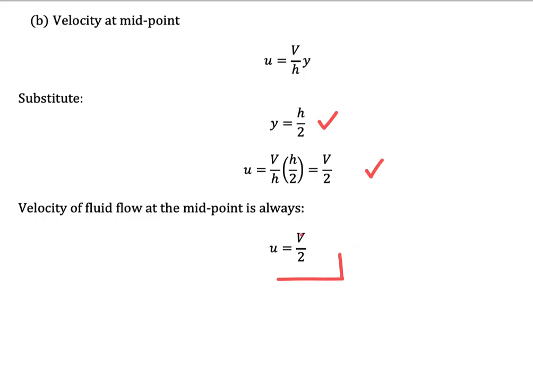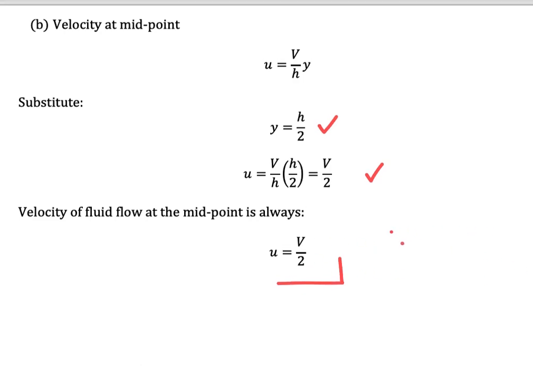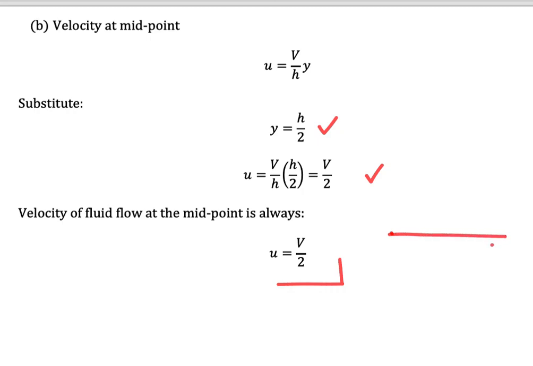Here you could see that this fits with the idea of linearity. We have two plates here, and the velocity changes linearly like this. So you could assume that at the middle point here, the velocity is half of the maximum velocity.